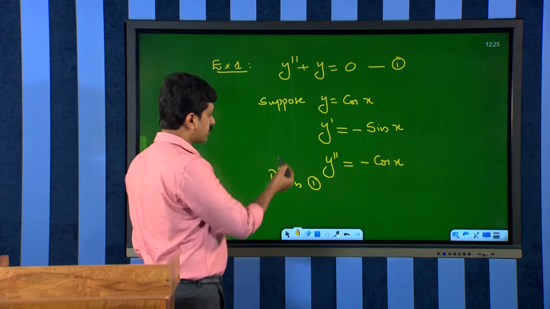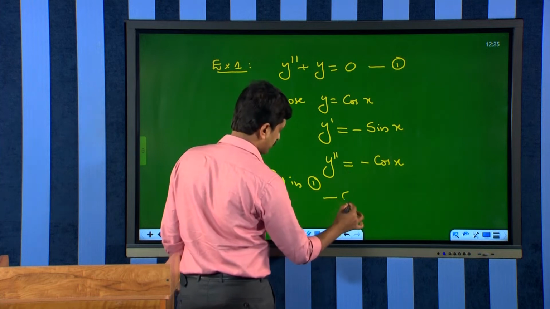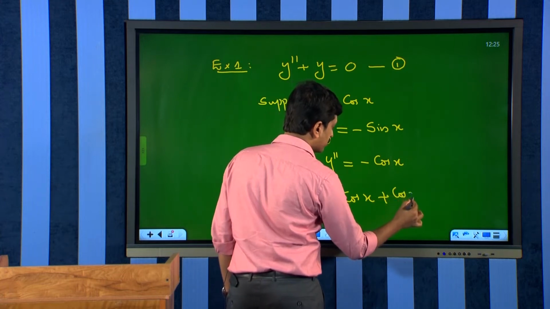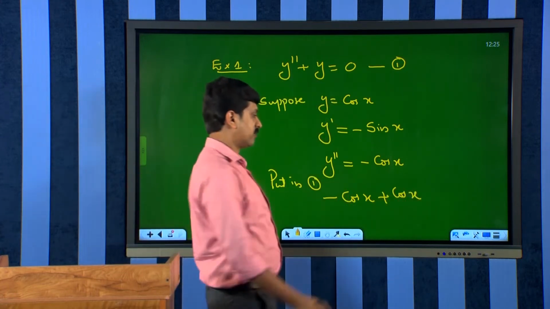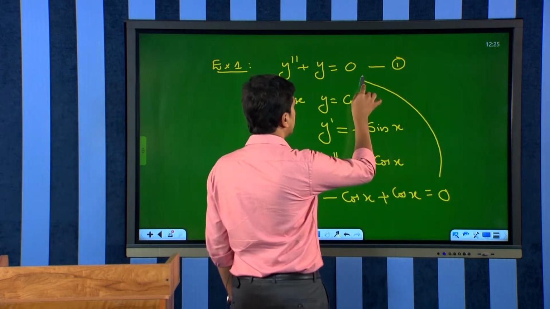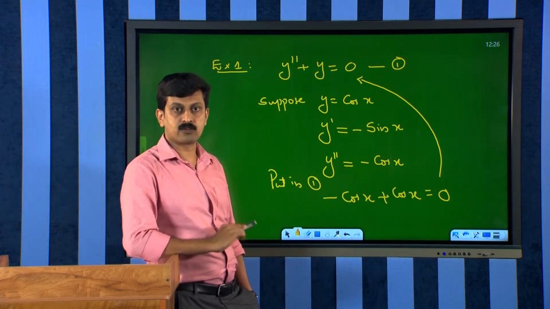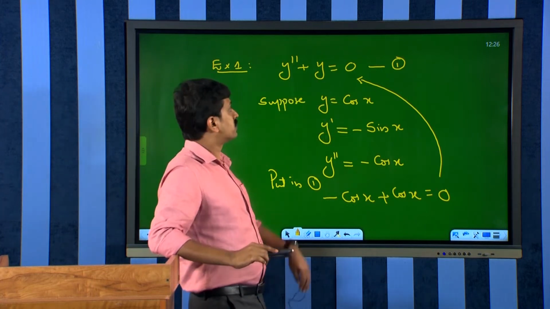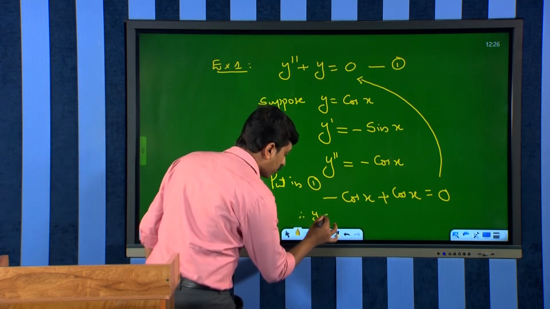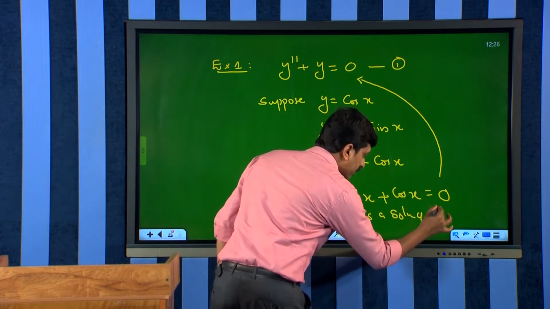Instead of y double dash we apply minus cos x, and instead of y we apply plus cos x. So minus cos x and plus cos x is equal to 0. So we can say that equation 1 is satisfied, and y is equal to cos x is a solution of differential equation 1.